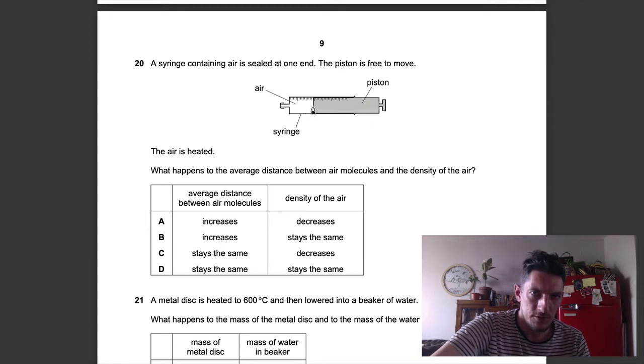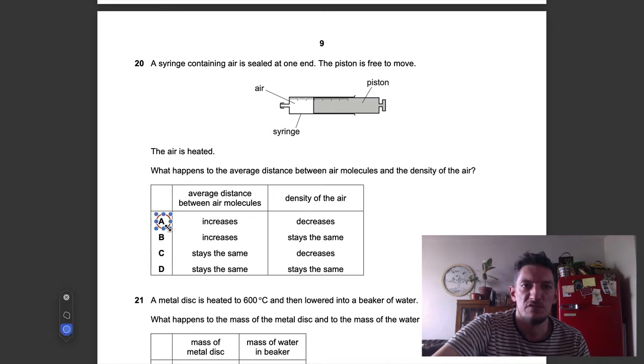But since the piston is free to move, this increased pressure will cause the piston to go out, and this gas will expand. So the gas will expand when we heat it up. Now, because the gas expands, the average distance between the air molecules will increase, and the density will decrease. So I'm going with A.